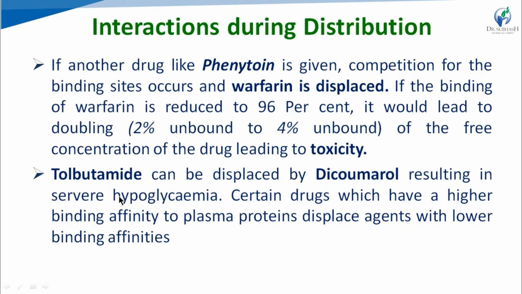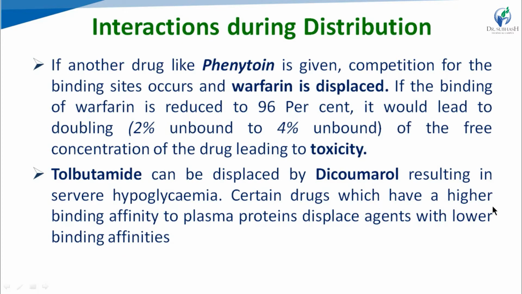If we are already giving tolbutamide and it is displaced by dicumarol, then tolbutamide will be in a free condition, so its effect will be greater and it will induce severe hypoglycemia.